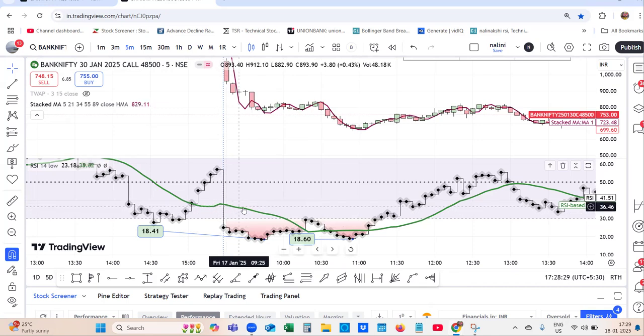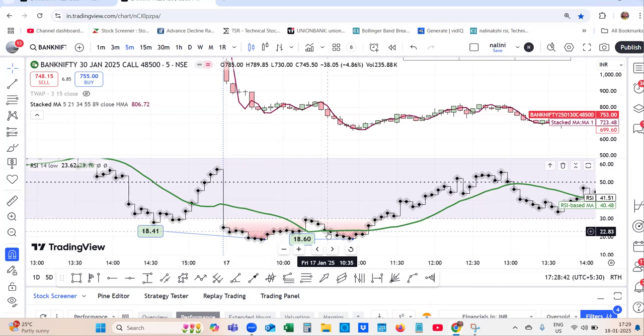And also you can carefully observe this RSI moving average. Everything is in clarity, and there is a pointer, step lines, everything is clear.